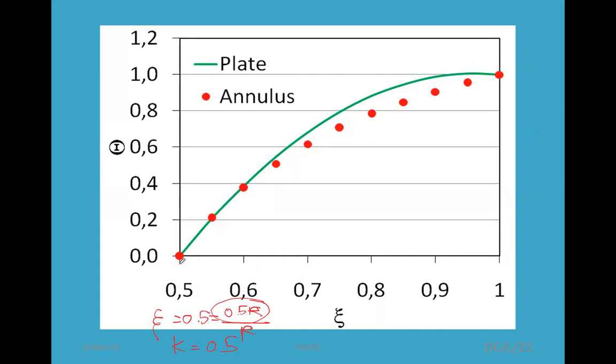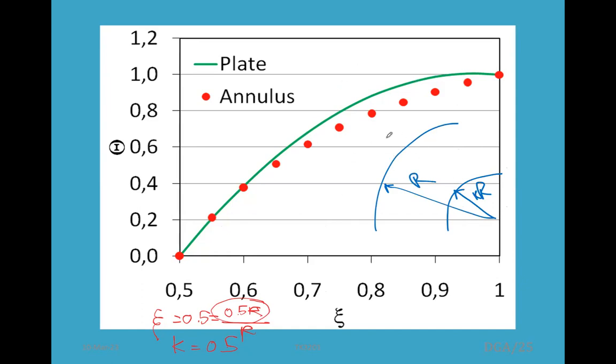So for your temperature profile, for example, this is kappa R, and this is R. It would be quite different, especially around this area.